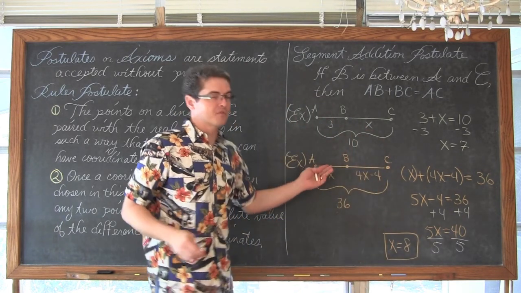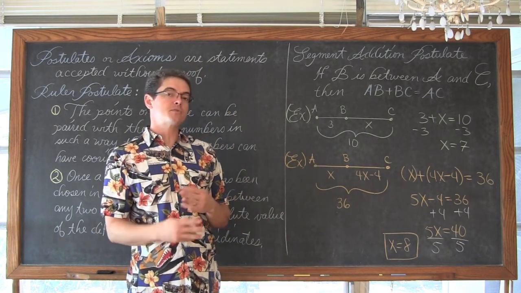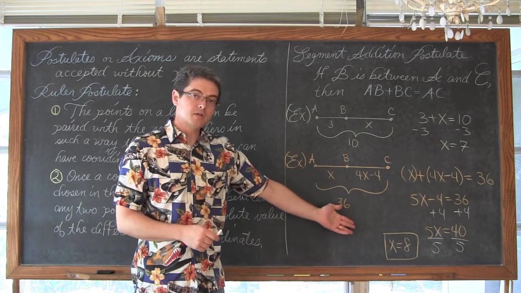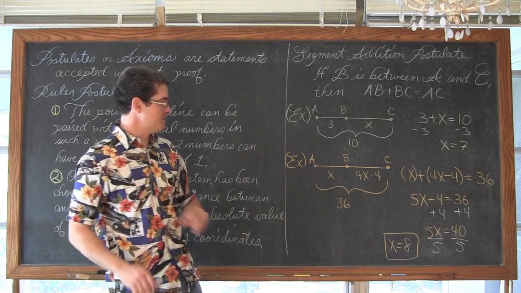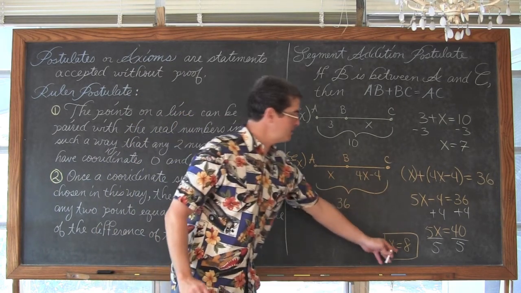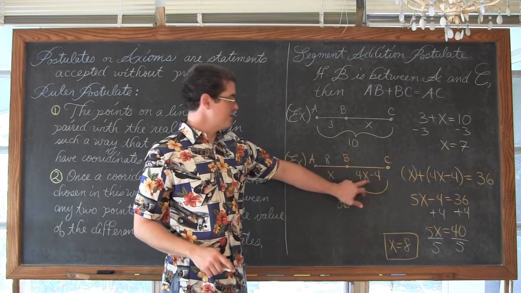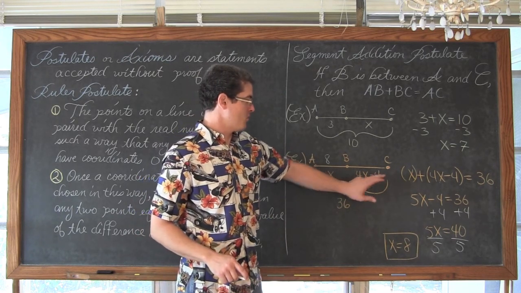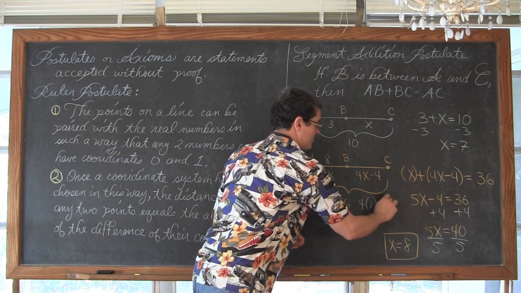Now, I knew I was going to talk about the directions for this question, so I'm going to write directions out. If the directions were to solve for x, well, then we're done. If our directions are to find the lengths of the two line segments, well, this length here is x, and that is equal to 8. This segment here is 4x minus 4. So let's see, 4 times 8 minus 4.